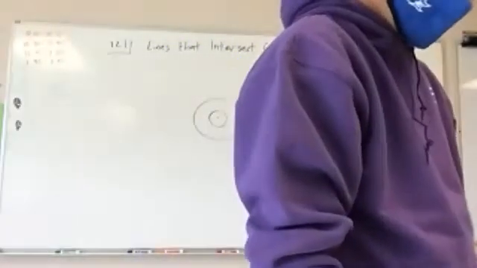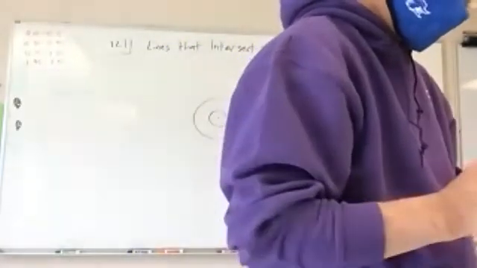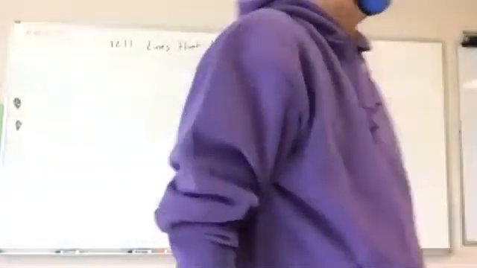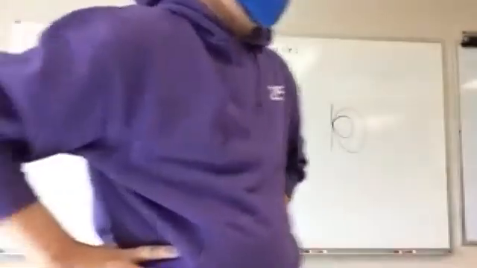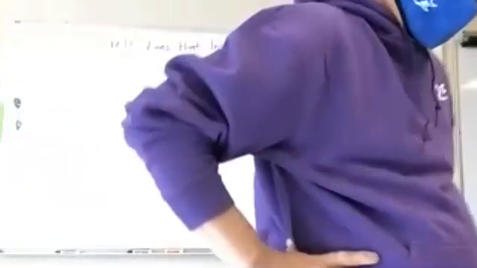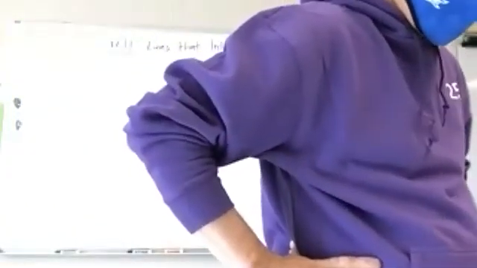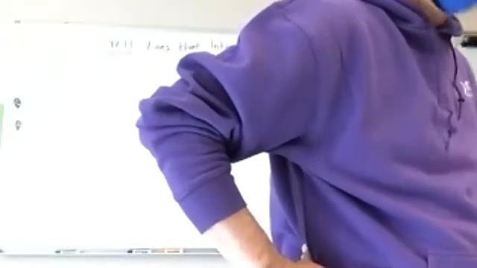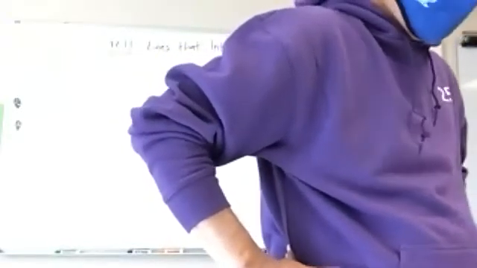So what is the point of tangency there? What is the point of tangency? The point where the tangent lines both are meeting, right? Where would that be? What's the coordinate for there? The x coordinate is 3, right? The y coordinate is 0. 3, 0, right? 3, 0.